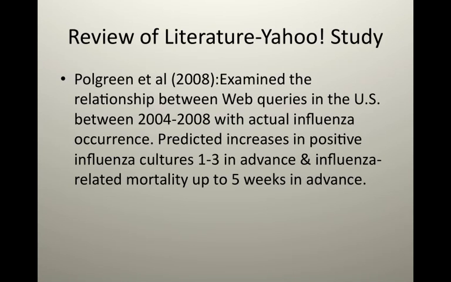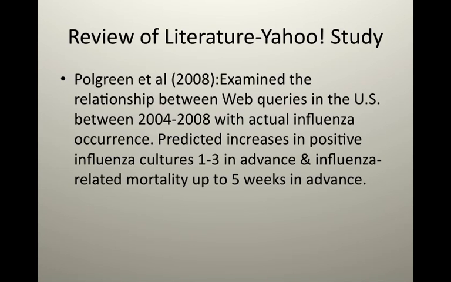Two studies primarily associated with surveillance of health-related web search engines were done using Yahoo and Google search engines. The Yahoo study by Paul Polgreen et al. examined the relationship between web queries in the United States that contained influenza-related search terms from the Yahoo search engine from March 2004 through May 2008 with the actual occurrence of influenza.